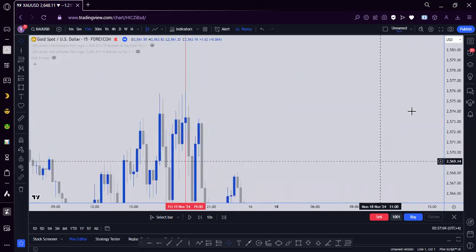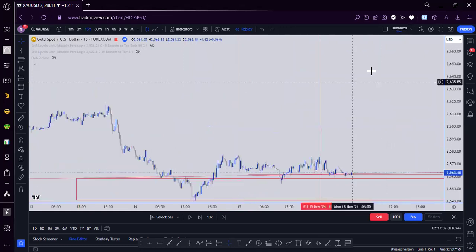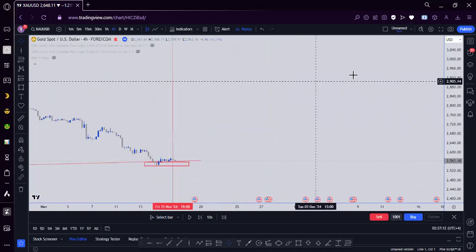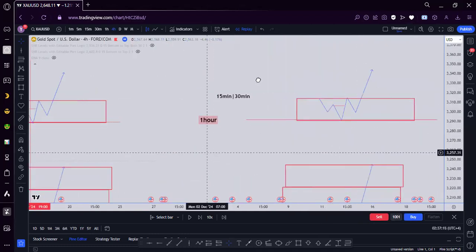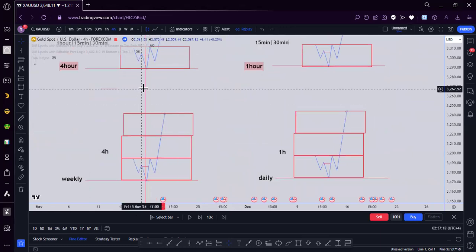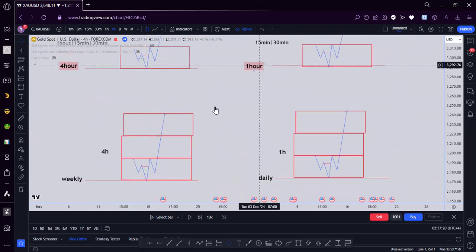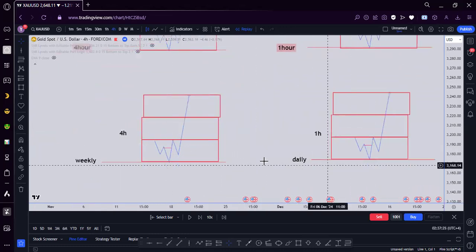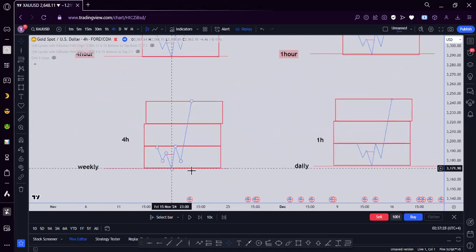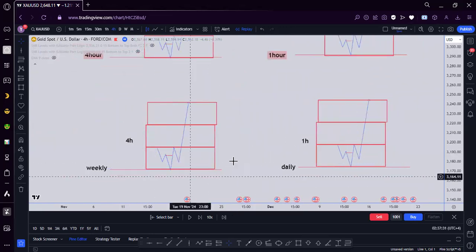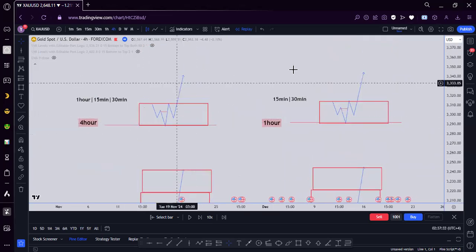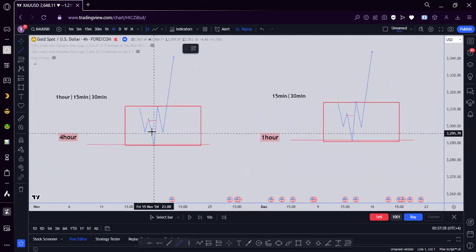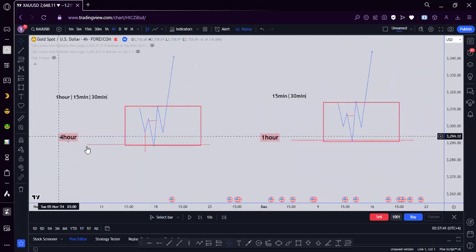For the breakout, there is one thing I didn't explain. Let me come back to the examples. For the classic storylines, for the weekly and the daily, we said the breakout must be external. But for the mini classic storylines, for example, this is the 4 hour reject 4 hour.